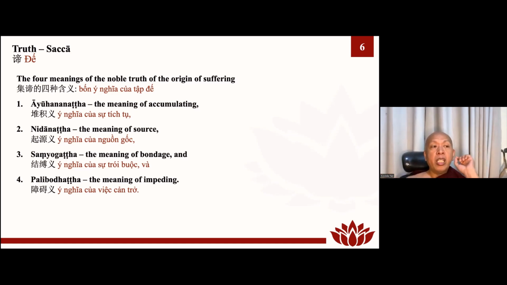Similarly, this Samudaya Satya is also an obstacle to attainment. That's what we call palibodhata. Actually, this is about noble truths. Noble truth is about vipassana. That's why we just talk about magga and phala. If we have the origin of suffering, it becomes an obstacle to attain jhana also.